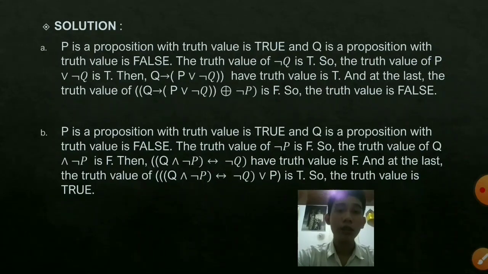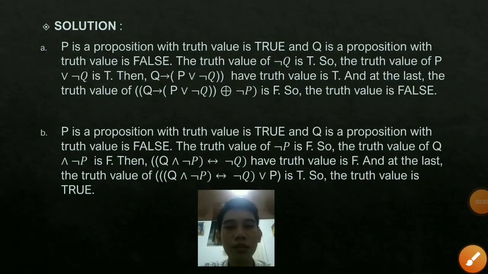Then, if Q then P or not Q has truth value true. And the last, the truth value of if Q then P or not Q, exclusive or not P is false. So, the truth value is false.